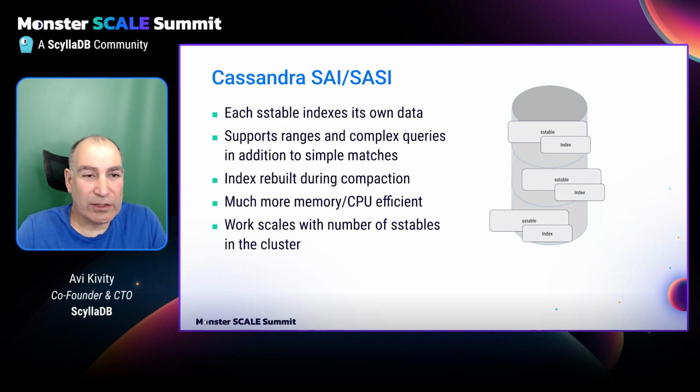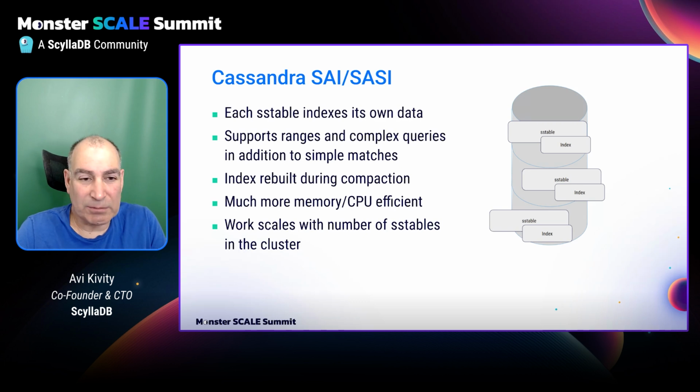And finally, let's look at the Cassandra storage attached indexes. So this is taking the idea of a local index and taking it to the extreme. Instead of each node having its own index, every SSTable has its own index. So one benefit is that it supports complex queries, and you can do range searches and free text searches.